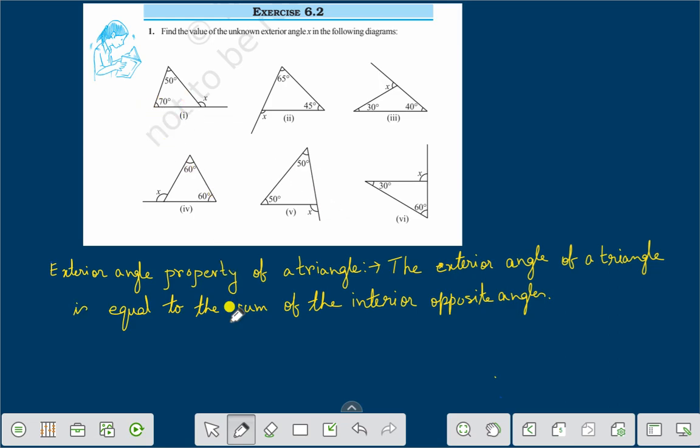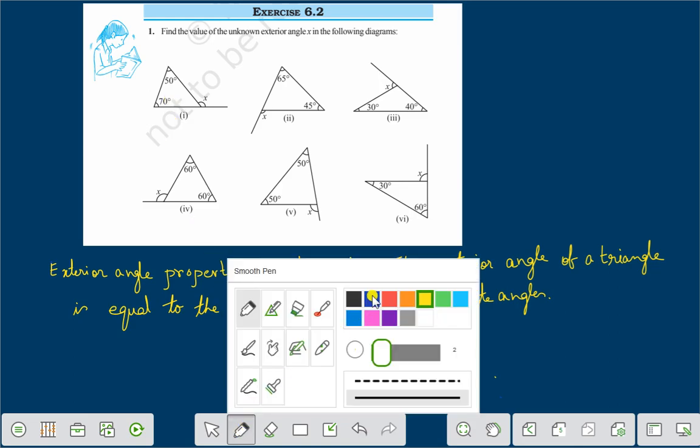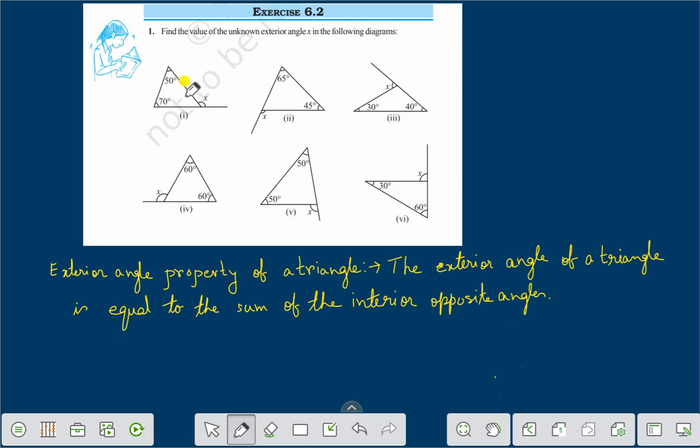From this, here you see this x is the exterior angle, right? And these angles are interior angles. So what is the theorem? The exterior angle of a triangle is equal to the sum of the interior opposite angles. These are the interior opposite angles, 50 and 70.